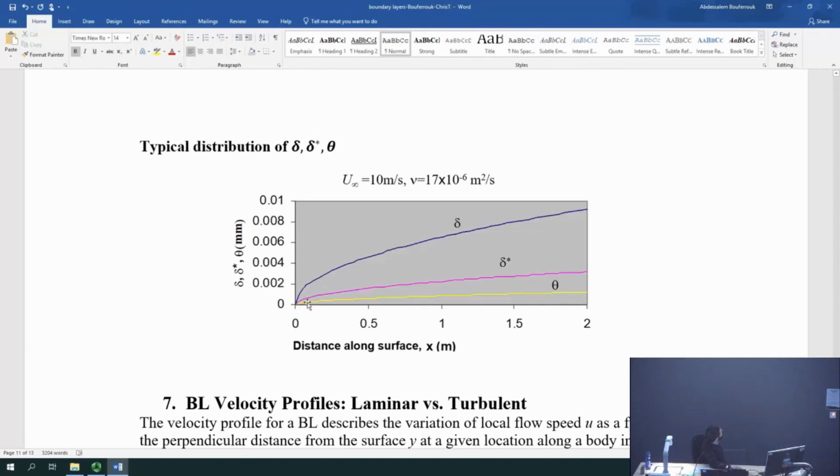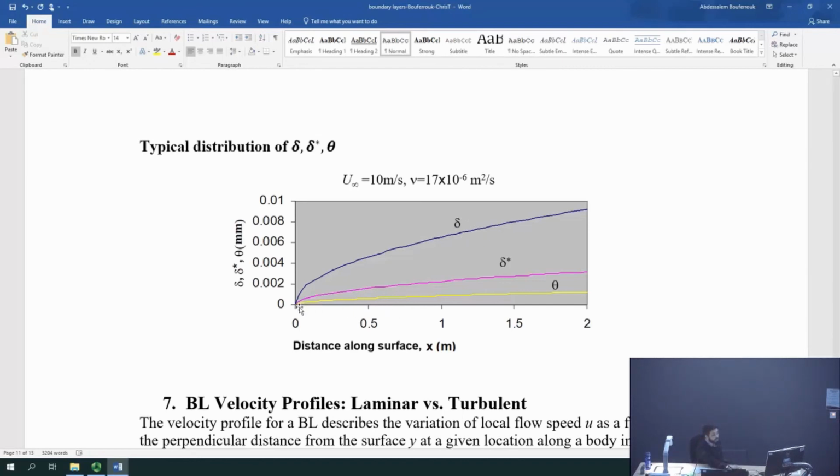You can see at the leading edge it is 0, and then it grows and becomes bigger and bigger. And that's the thickness delta. So clearly, the boundary layer grows as we go along the surface.